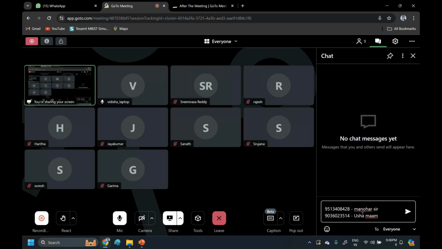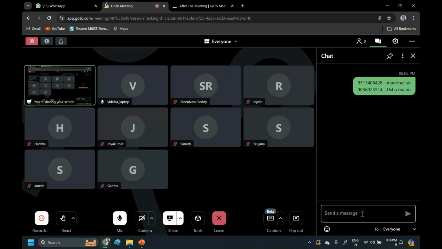This is Manohar sir's number and Usha ma'am's number. If you contact them, they will tell you the exact timings, the schedule, and when the course will start. Or if an individual group is already created, you can message directly in that group. The admin team will contact you and tell you these details.